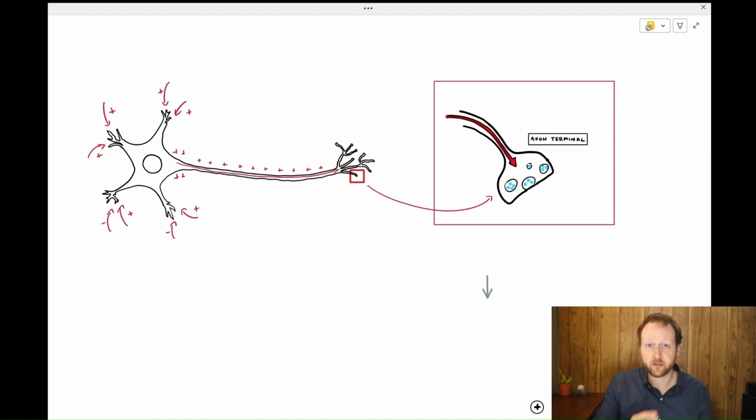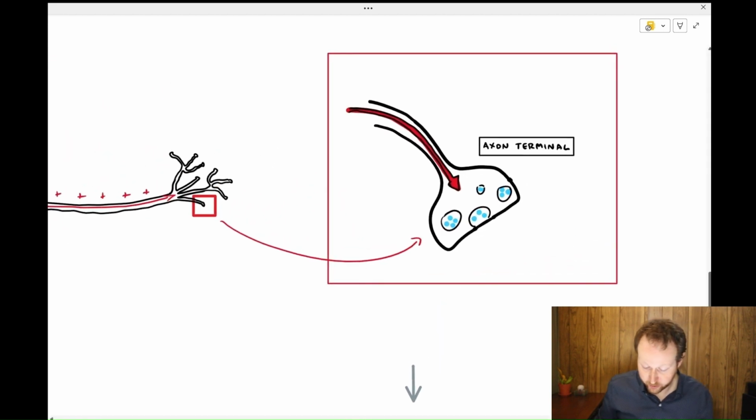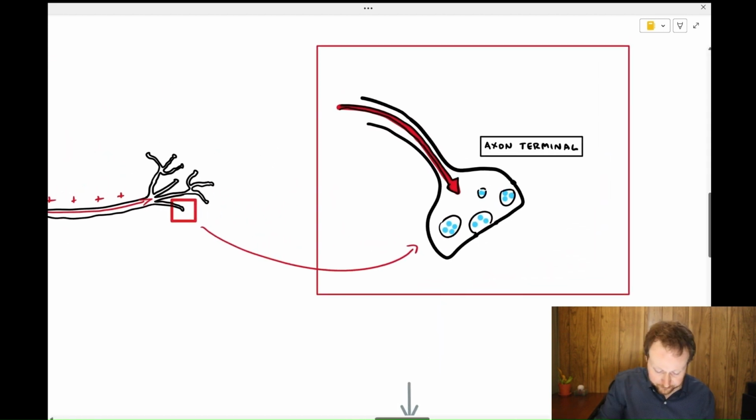This action potential runs all the way down the length of the axon until it reaches the end, and it reaches what we call the axon terminals. Now these are just the little nubs here, the little ends of the axon, and in each of these axon terminals we have little storage containers that are called vesicles.